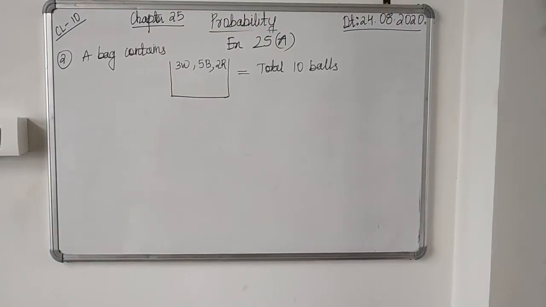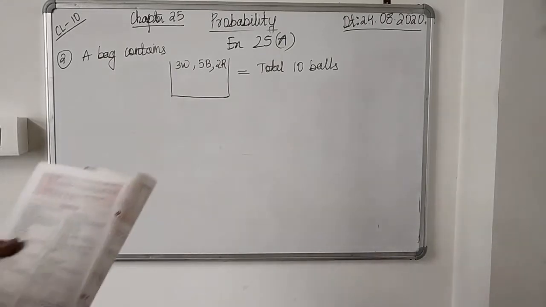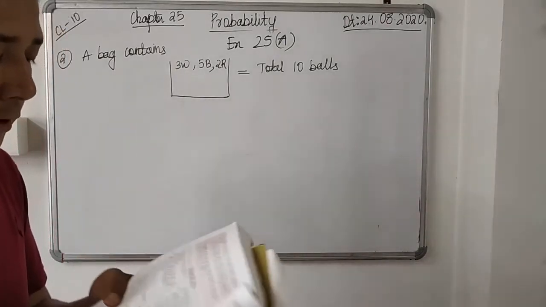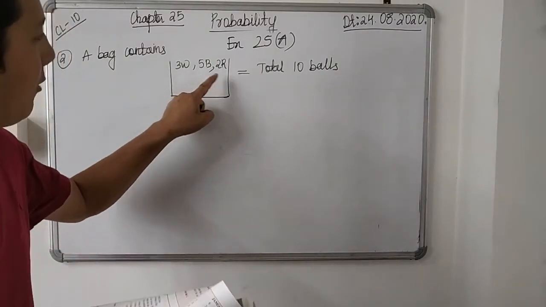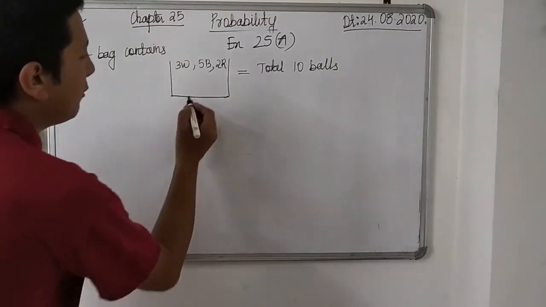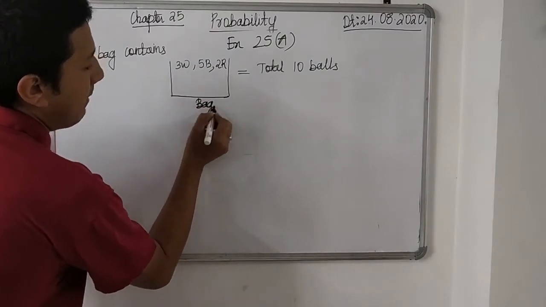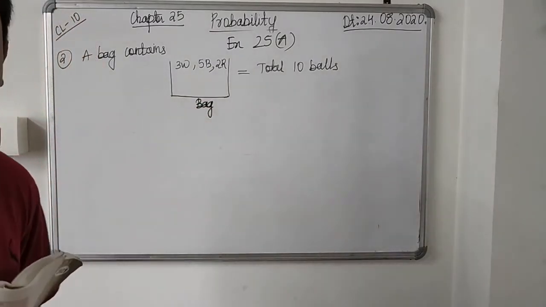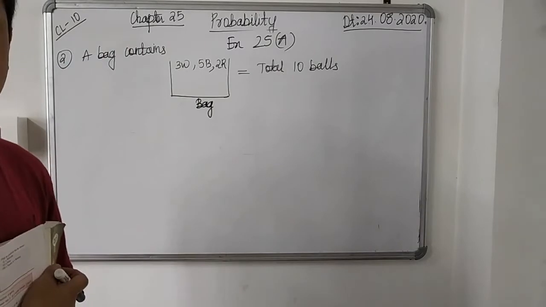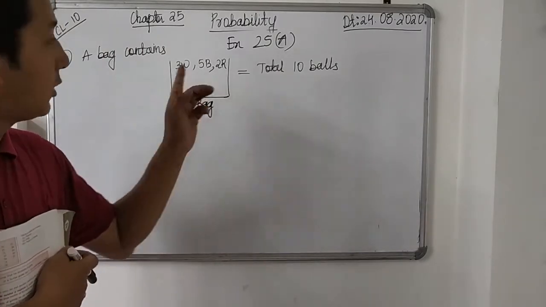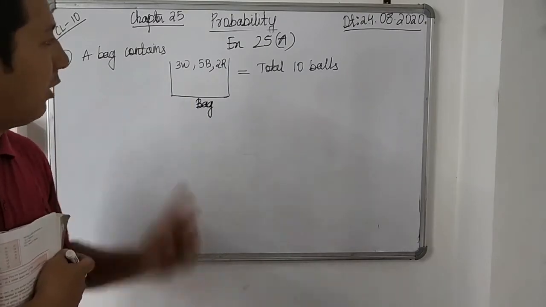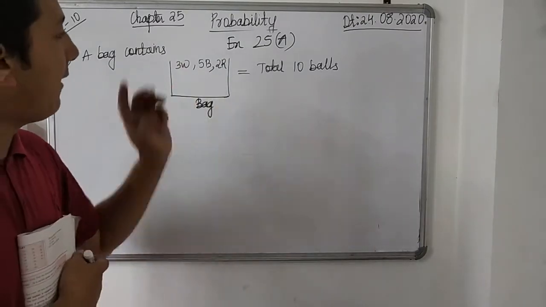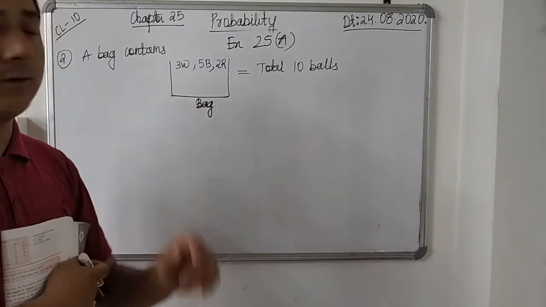Okay, let's read the question. Question number 2. A bag contains 3 white, 5 black and 2 red balls. So a bag is given to us. Inside this bag, there are 3 different colors of balls. 3 of them are white, 5 of them are black, and 2 of them are red.